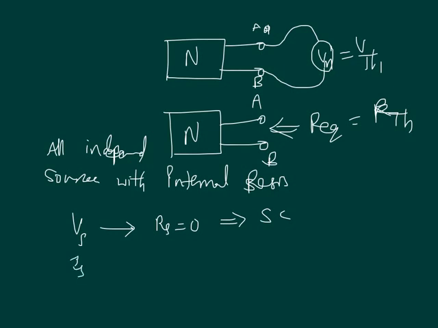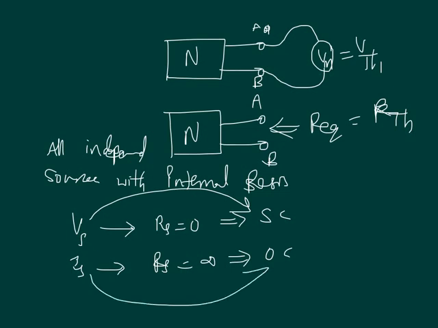For a current source, Rs is infinity, that means open circuit. So voltage source is replaced with the short circuit and current source is replaced with the open circuit when calculating RTH. Okay, now we are going into the problems.